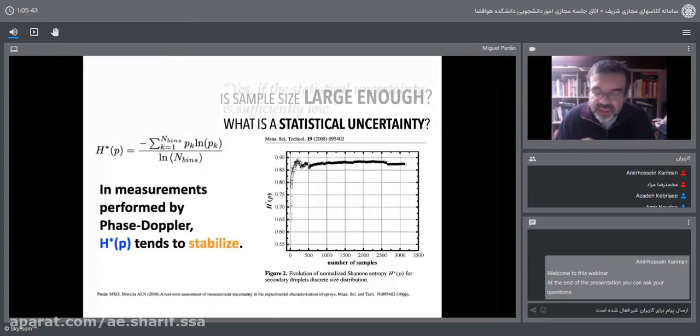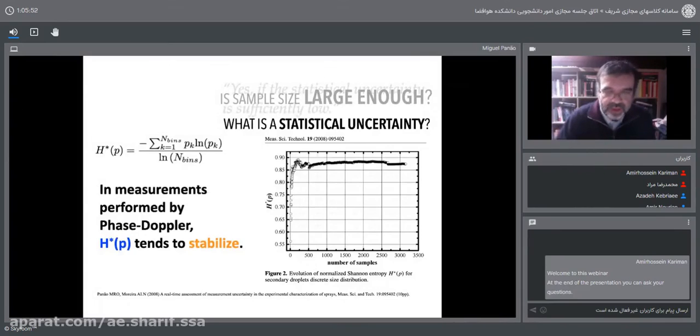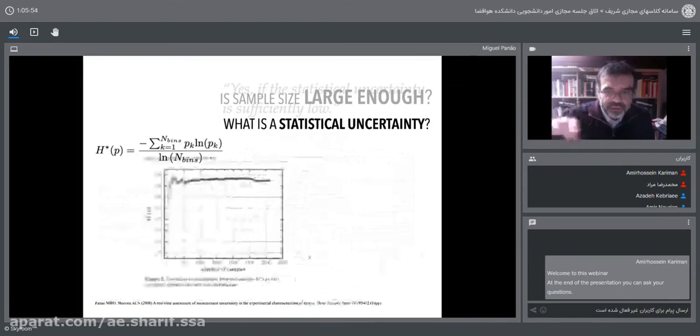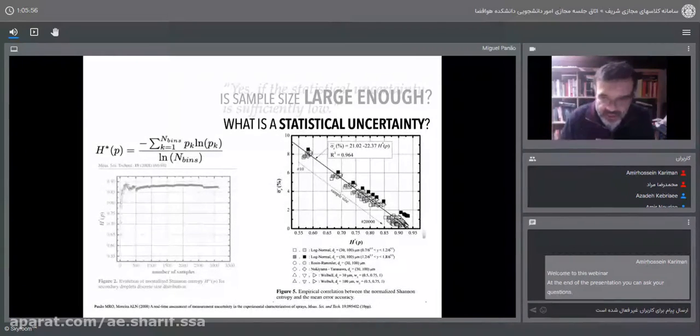So what I did was, considering several types of mathematical functions used to characterize drop size distributions, for example, the log-normal, Weibull, gamma, and so on, and Nukiyama-Tanasawa, Rosin-Rammler, I just simulated several possible distributions, and I understood that they are very nicely correlated with the normalized Shannon entropy.